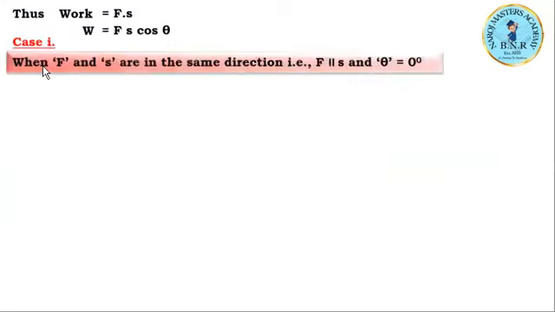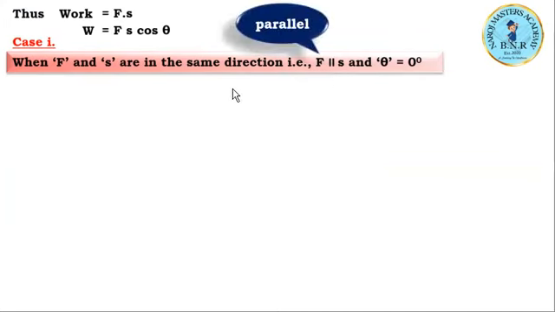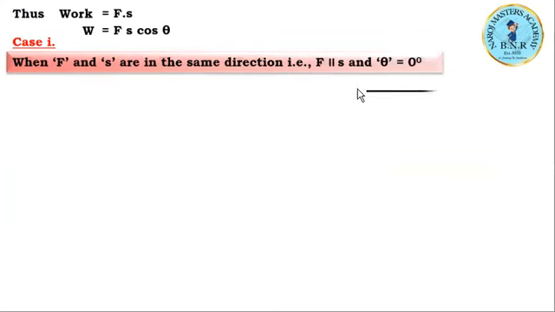In case 1, when F and S are in the same direction, that is F parallel to S, theta is 0 degrees. You can see this is F and this is S, both are in a single line, then theta is 0.